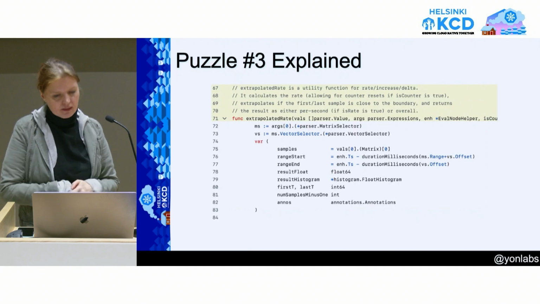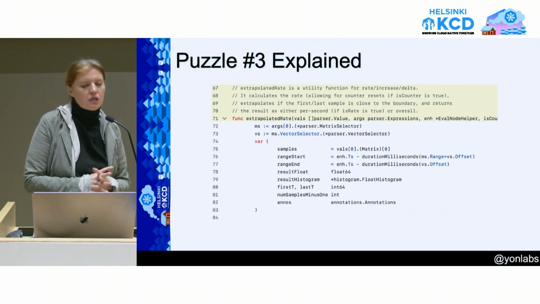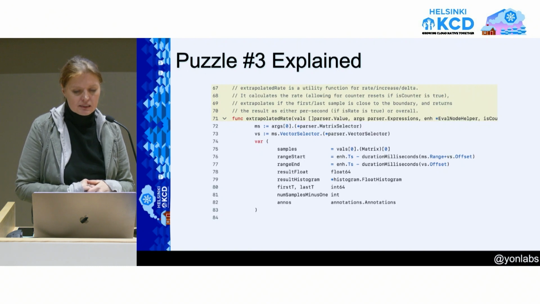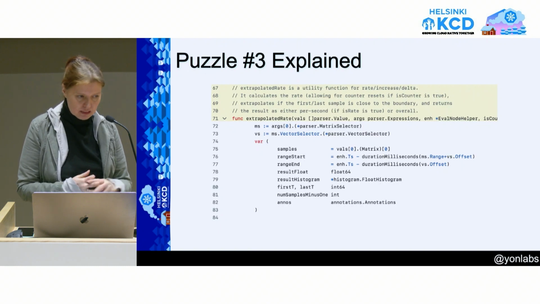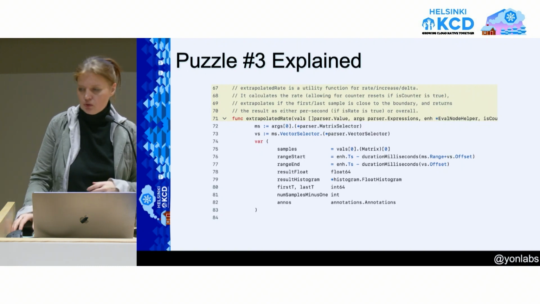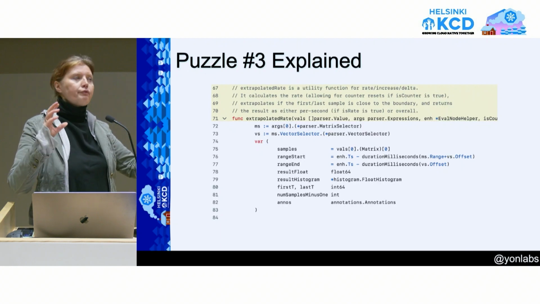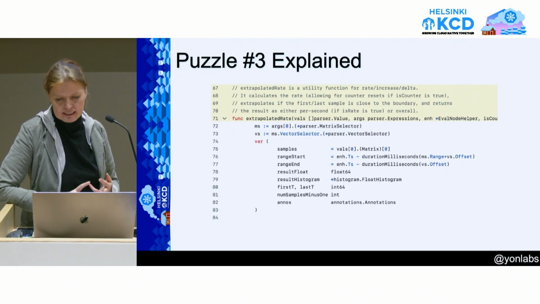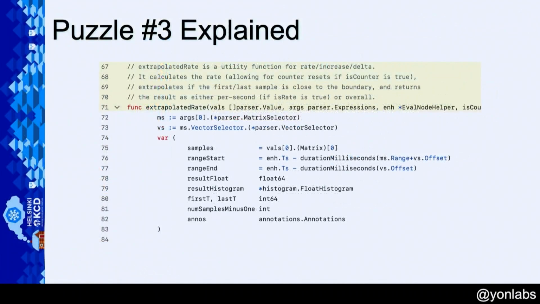Why? Here you have a piece of Prometheus code. This is the extrapolated rate function. This is a utility function used by all 3 major functions: rate, increase, and delta, and irate as well. So basically, it extrapolates the first and last sample.